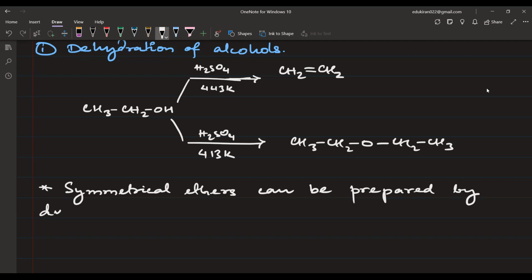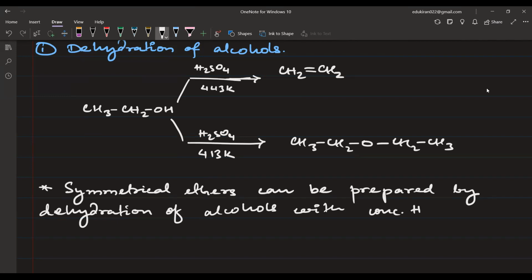by dehydration of alcohols with concentrated H2SO4 at 413 Kelvin.